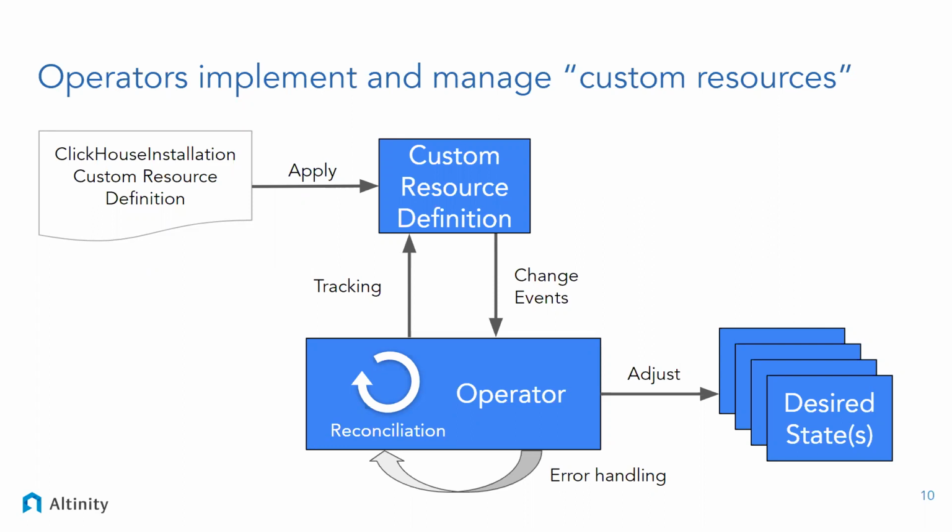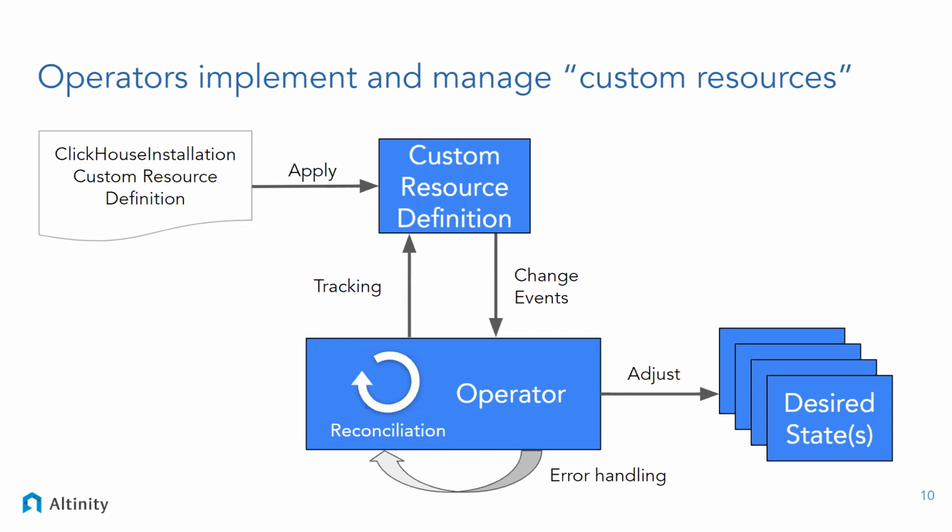In order to make that work, you're going to need some kind of controller, if you will, that keeps an eye out for these resource definitions when they get loaded up into Kubernetes or when they change. It looks at them and then it decides what to do inside Kubernetes to make them a reality. So you can think of it as just being a layer above the resources that Kubernetes provides for you yourself. So when you put one in, the operator gets a message that says, hey, a new resource definition has arrived, have a look at it.